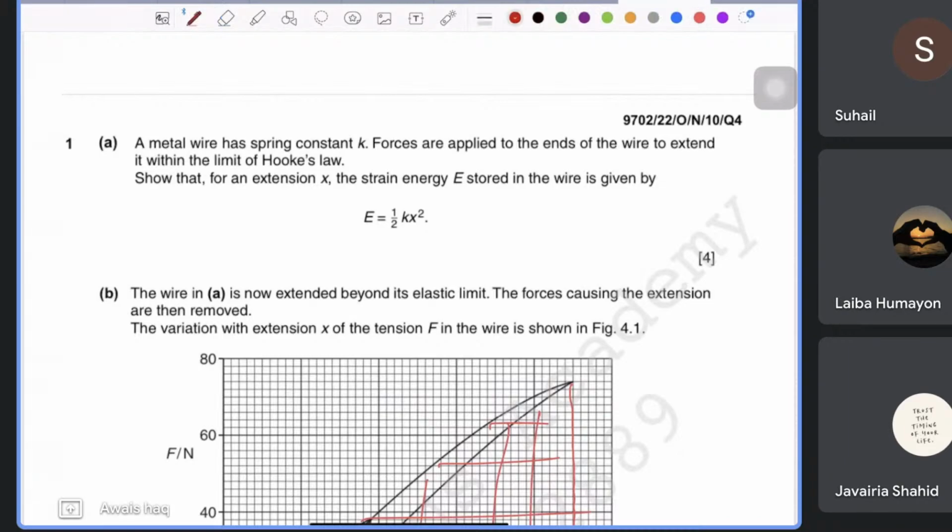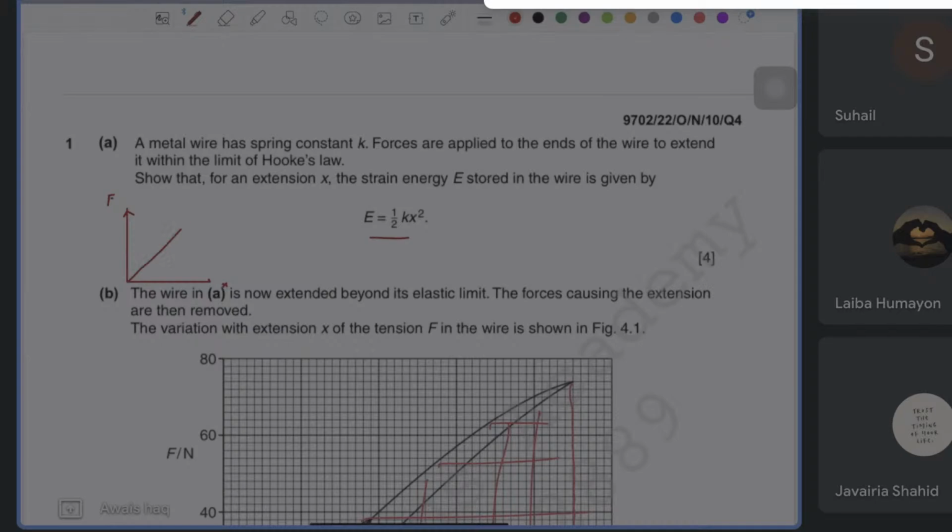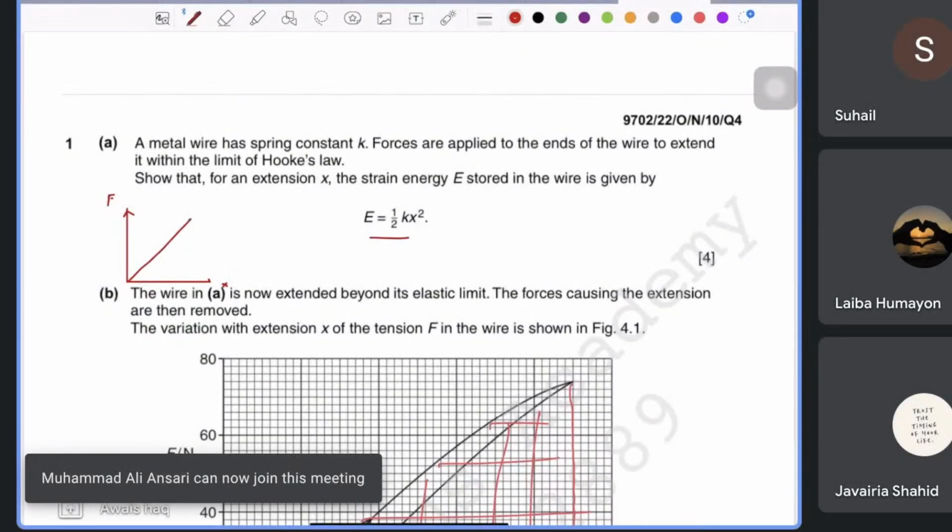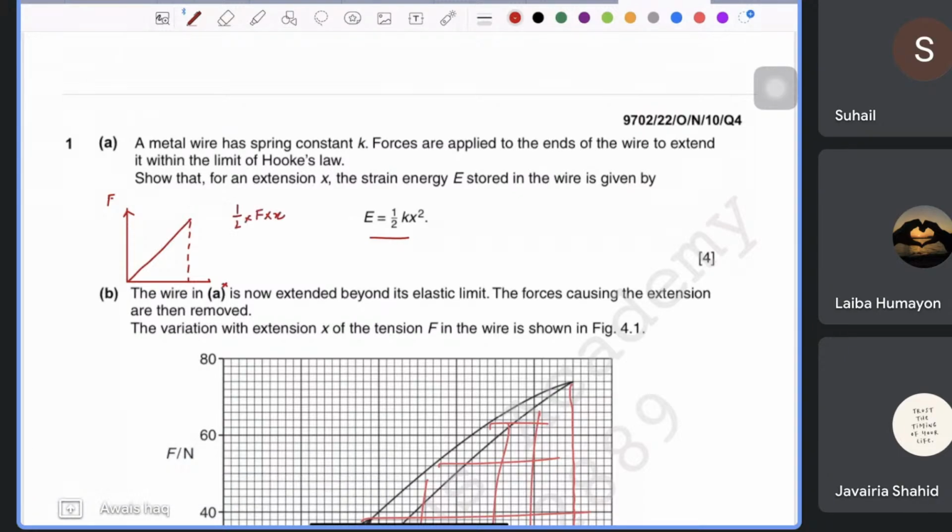All right. So it says show that for extension x, the strain energy stored in the wire is given by this. This is very easy. You make a graph here of force and extension, and you draw a line, and then you say half times force times x, and then you say F equals kx.